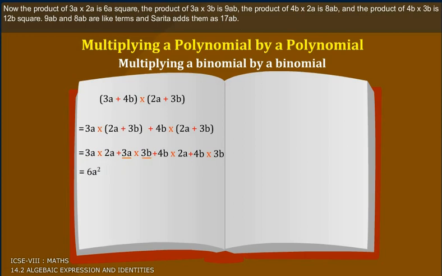The product of 3a into 3b is 9ab. The product of 4b into 2a is 8ab. And the product of 4b into 3b is 12b square. 9ab and 8ab are like terms, and Sarita adds them as 17ab.